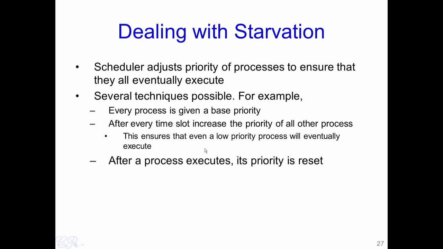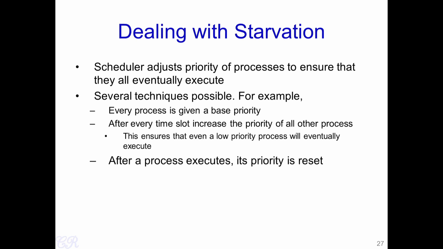So, what you would see is that over a period of time, all processes in the priority queue would gradually have their priority increased. Now, even a low priority process would have its priority increased up to the point that its priority is high enough, so that it is scheduled on the CPU.